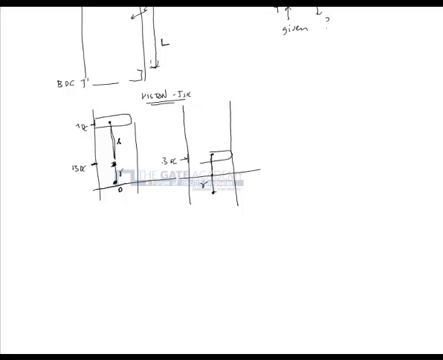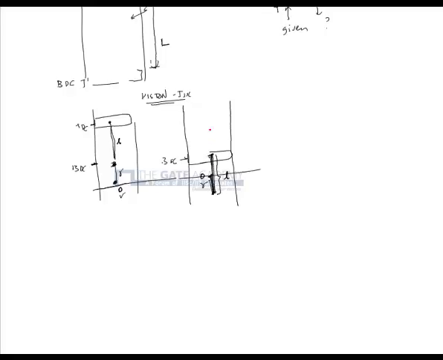So it's something like this. The crank would have traveled 180 degrees from the first position to the second position, and this is my O. This is my radius, this is my crank, and this is my connecting rod.